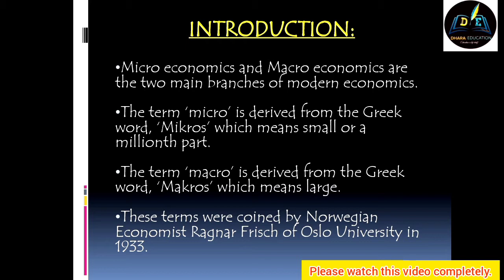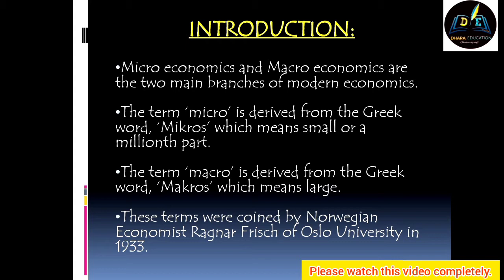The word micro is derived from the Greek word mikros, and its meaning is very small, a unit or a millionth part. The term macro is derived from the Greek word makros, which means large.